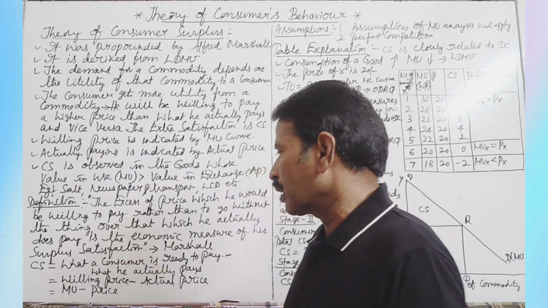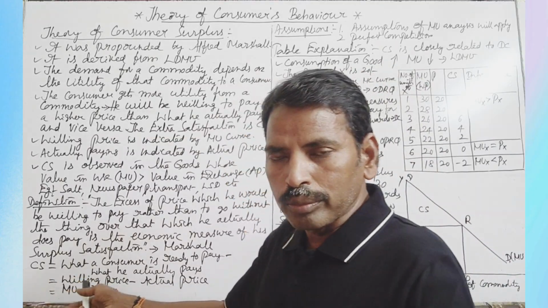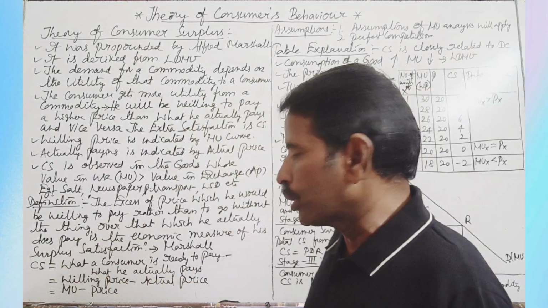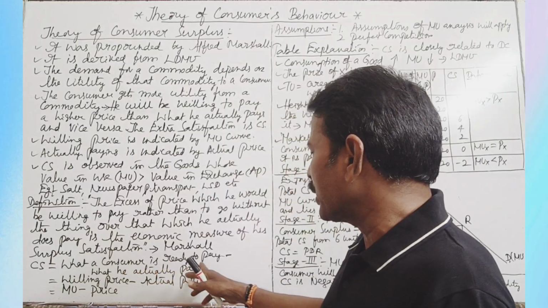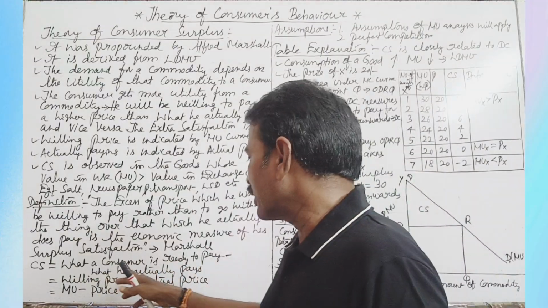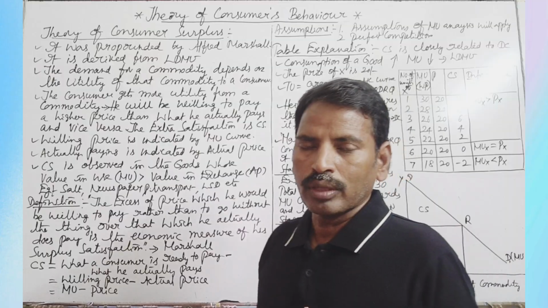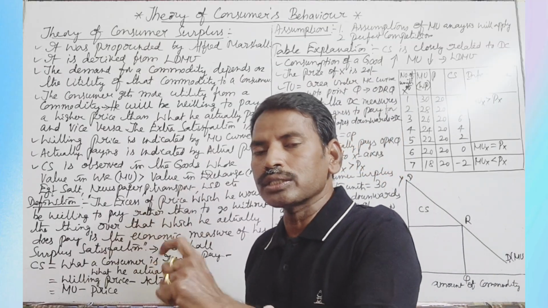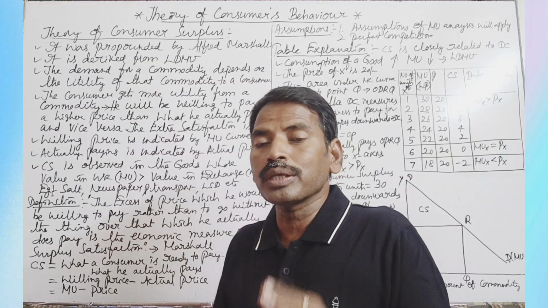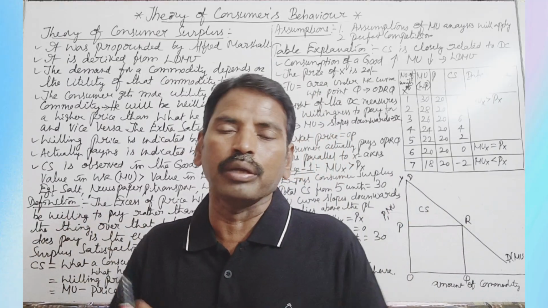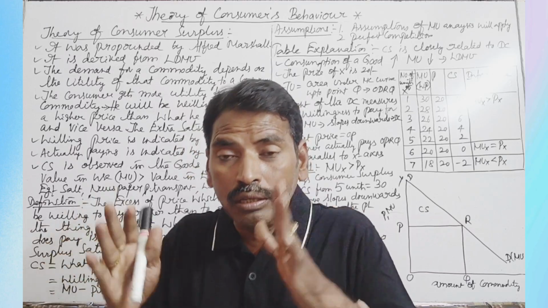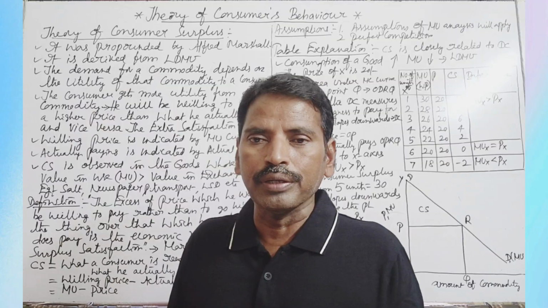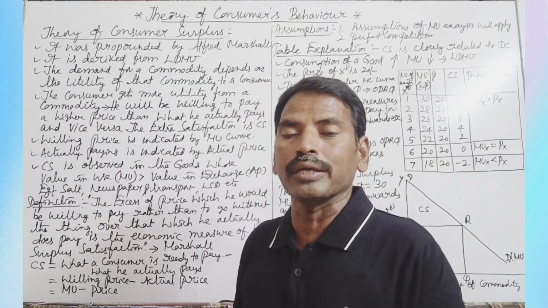Next, what are the formulas to calculate consumer surplus? Consumer surplus is equal to what a consumer is ready to pay minus what he actually pays. Consumer surplus is not a net monetary benefit, it is a psychological feeling only.